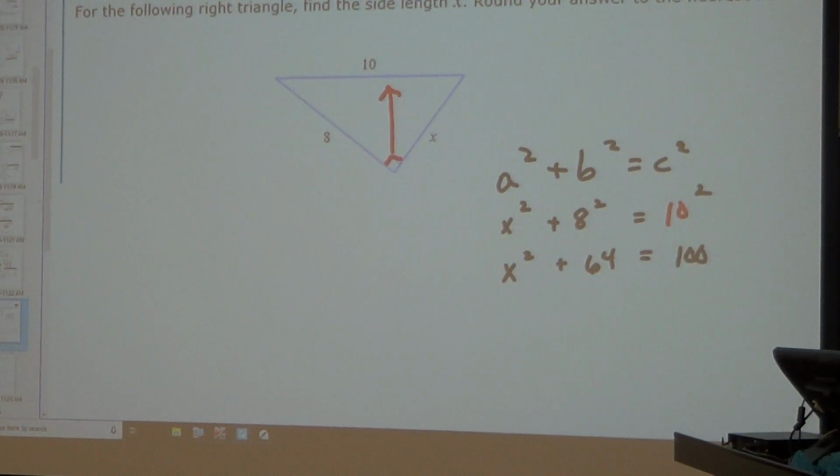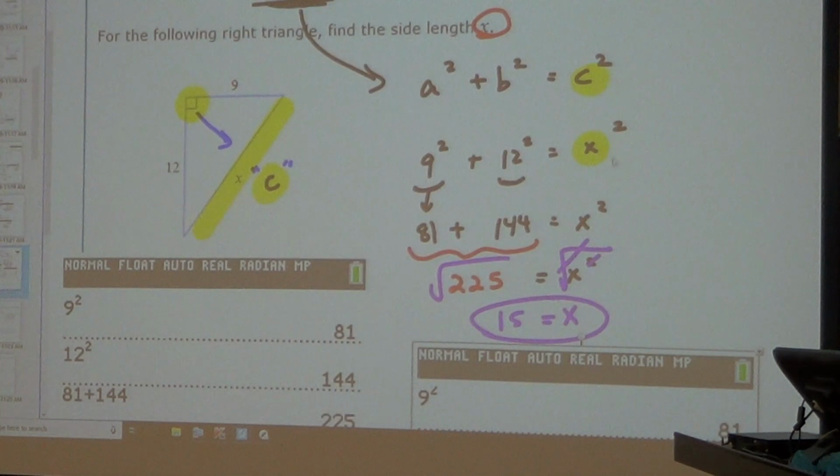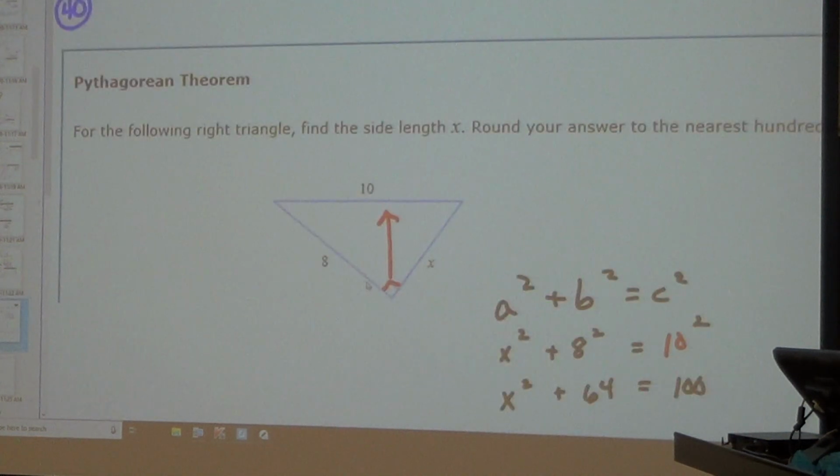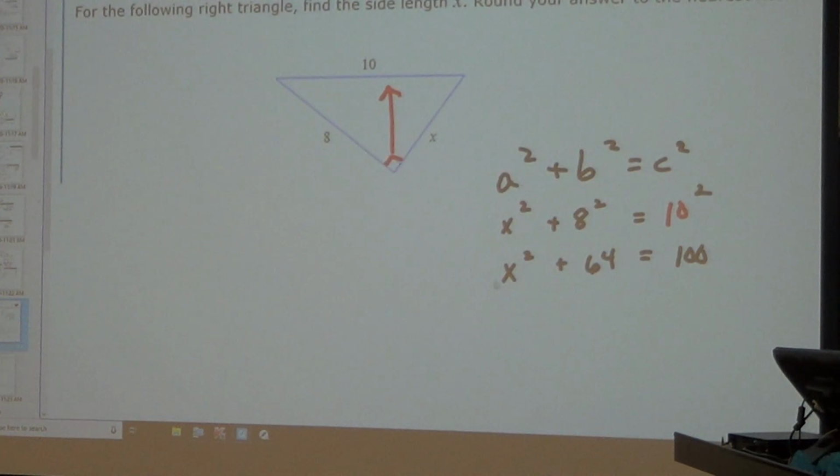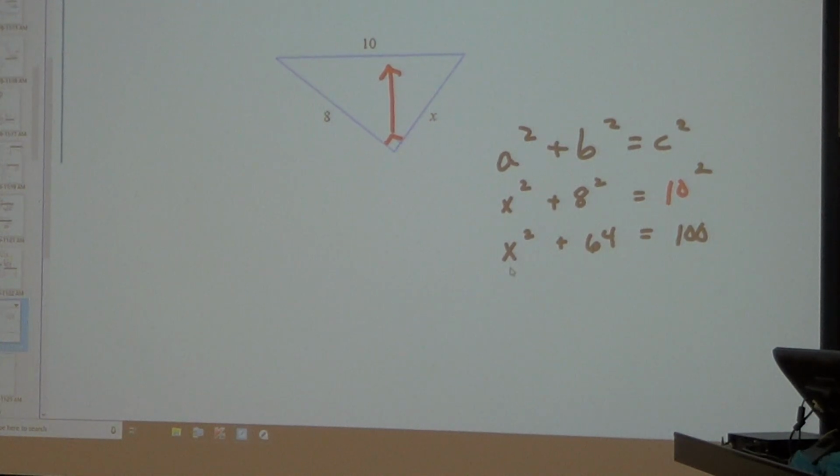Now, my goal is to get x by itself. In this last problem, do you see that x was already by itself? So I just added up these numbers. Well, do you agree in this problem, x is not by itself? So what do I have to do to get x by itself? Subtract 64 to get x by itself.